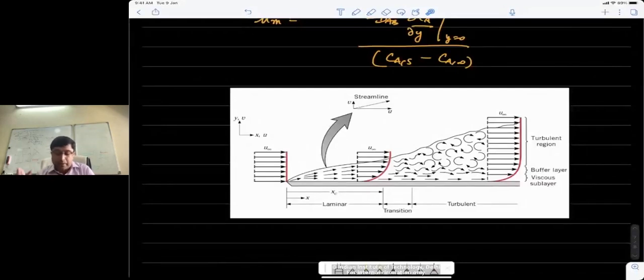If you're not familiar with what damping is, it is killed out because of viscous dissipation, or because of viscous effects in the boundary layer. So this is a very well defined, very regular boundary layer which grows gradually. What happens beyond the laminar boundary layer is a region of transition.